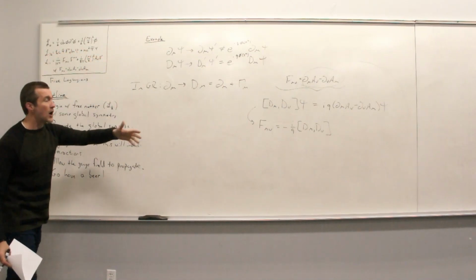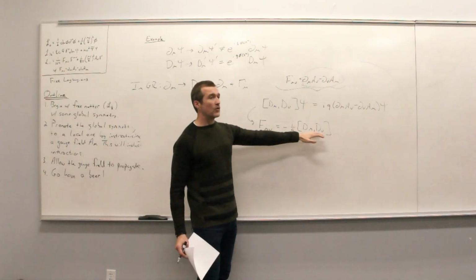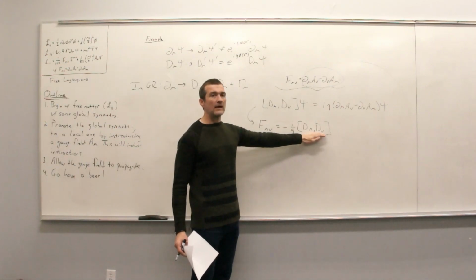And then you're going to add on this thing. And I'm telling you, this is a more general way to write down what F_mu nu should be. And it turns out that this generates different contributions when the group is non-abelian. But you should remember this from GR.